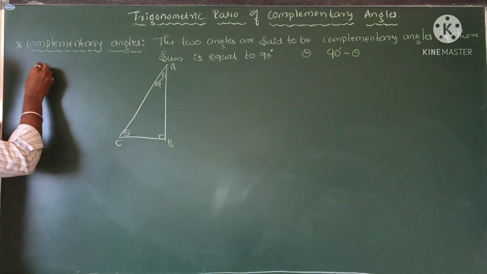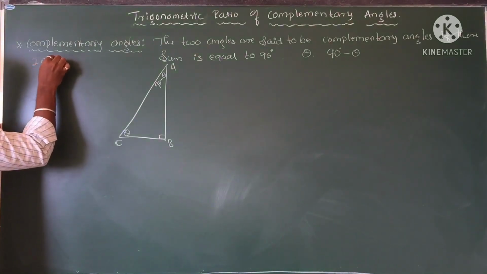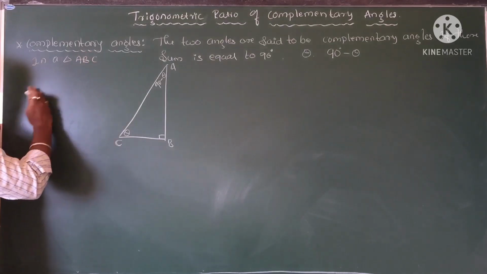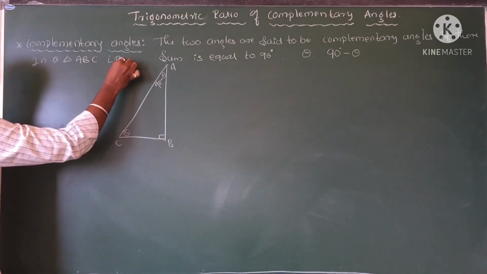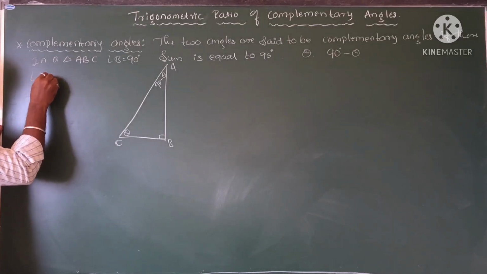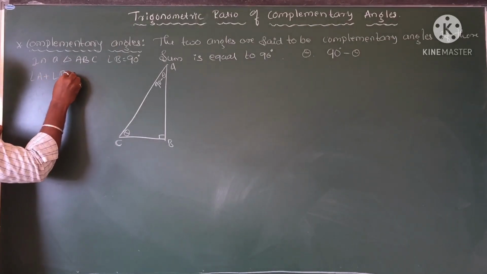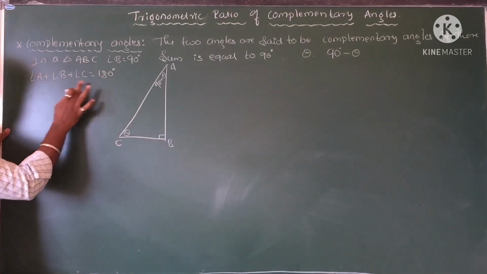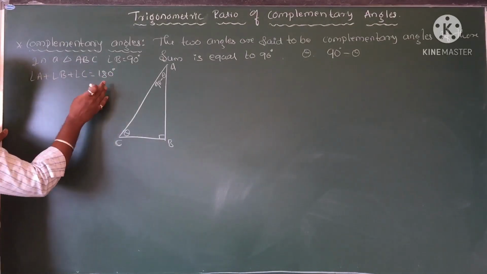So see here, in triangle ABC, angle B is equal to 90 degrees. So angle A plus angle B plus angle C is equal to 180. This is the angle sum property of a triangle, right?